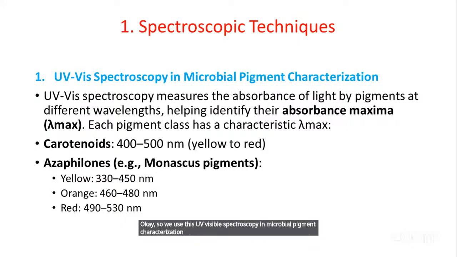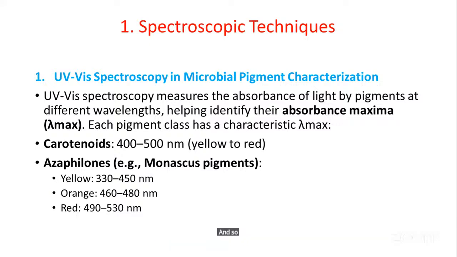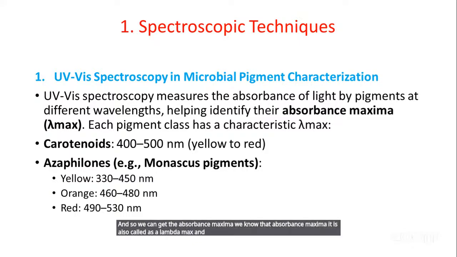What it does is measure the absorbance of light by the pigment at different wavelengths, and so we can get the absorbance maxima, also called lambda max, and each pigment has a particular unique lambda max. For example, carotenoids have a lambda max between 400 and 500 nanometer.